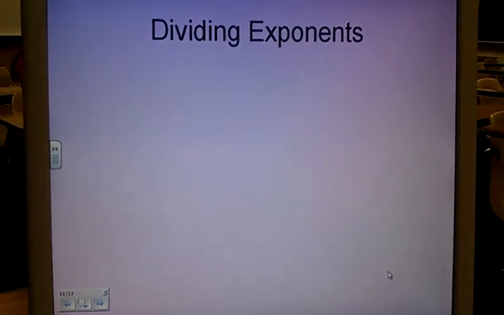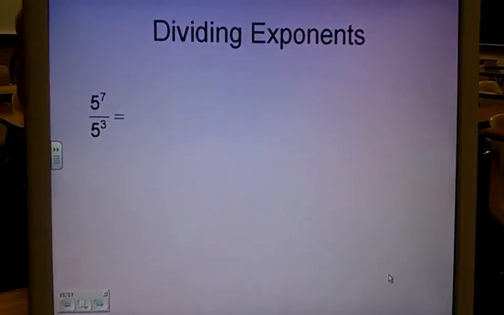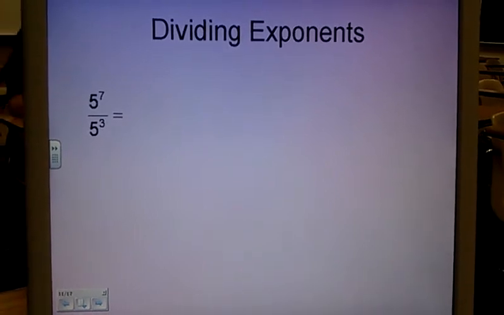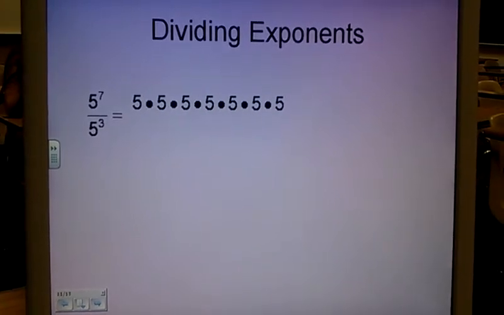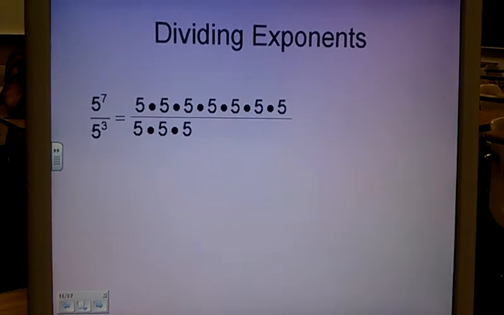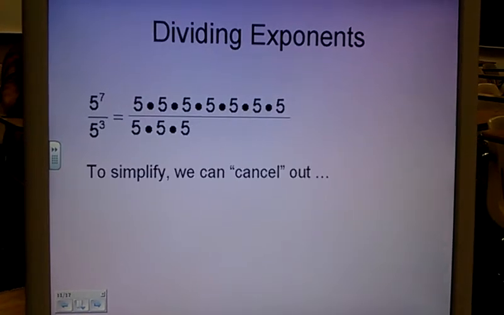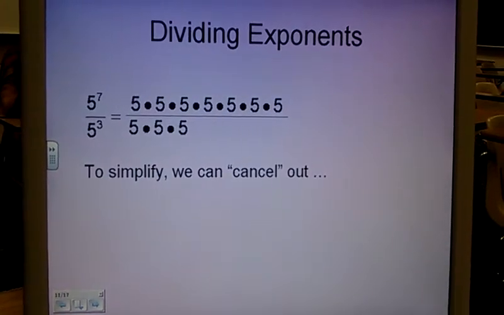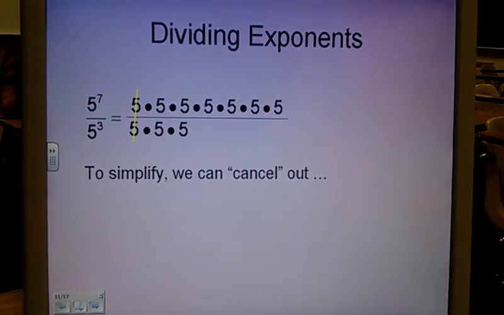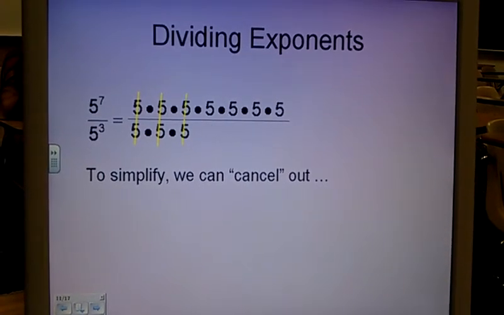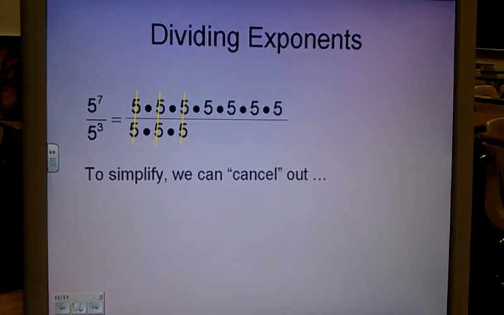Now when we are dividing, you see that we have 5 to the 7th over 5 to the 3rd. That means we have 7 5s on top and 3 on the bottom. To simplify, we can cancel out. Those 5s cancel each other out, and then you look and see how many 5s you are left with.